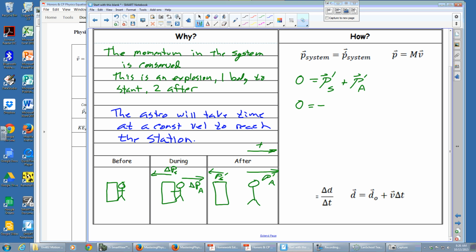So that would mean this one would be negative plus a positive here. Notice I've dropped my vector symbols because I've taken into account the direction with my positive and negative. You okay with that? All right. So I could rearrange it to say momentum of the satellite equals the momentum of the astronaut, right? So the inertia of the satellite times the speed of the satellite equals the inertia of the astronaut times the speed of the astronaut.